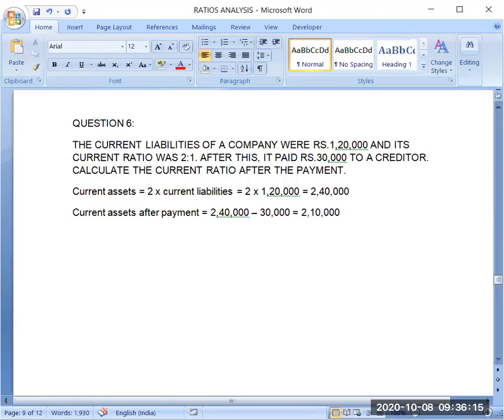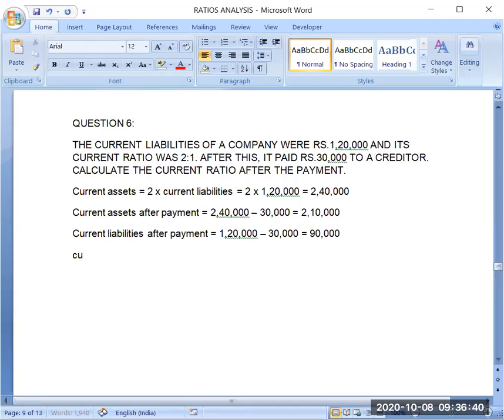Your current liabilities after payment will be 1,20,000 minus 30,000, because you have paid creditors of 30,000, so it will reduce by 30,000. So your current liabilities will be 90,000.